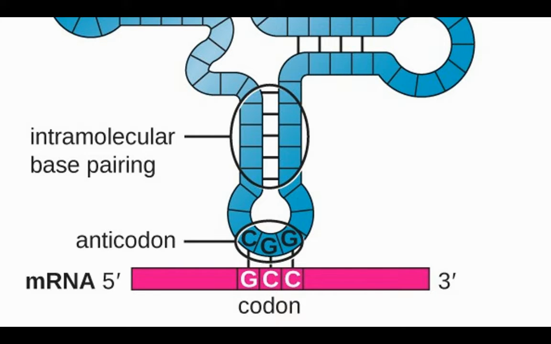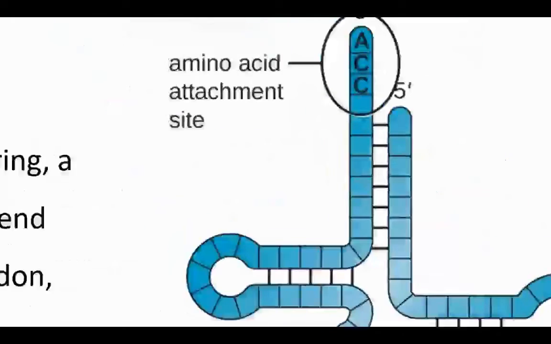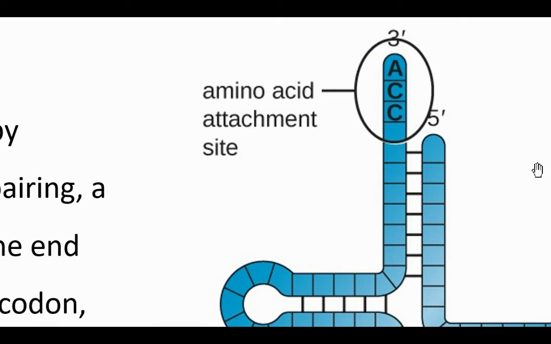This is a three-letter base sequence, and it will call its complementary bases, also in threes, which you call an anticodon. Each codon is equivalent to one amino acid. That is what is written on the outside. Later on, we're going to look into that.